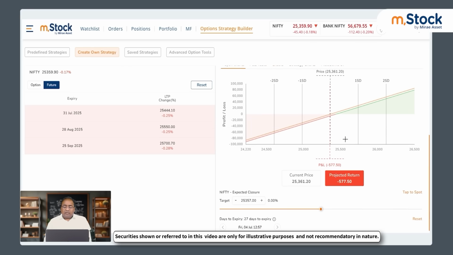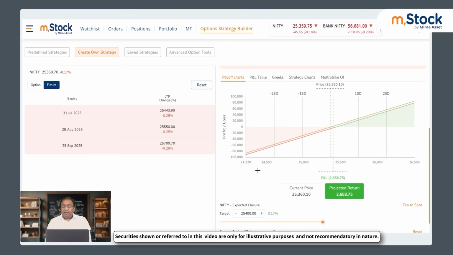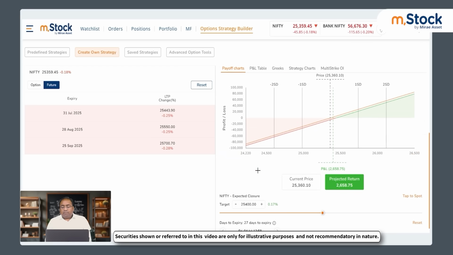Now if I see what happens if Nifty increases 50 points from here, so Nifty goes till 25,400, my projected return is 2,658 rupees. Similarly, if Nifty goes down 50 points from here, we are losing 4,800, because currently the market is at 25,360, so from 25,360 till 25,300 we are actually losing 60 points, right?